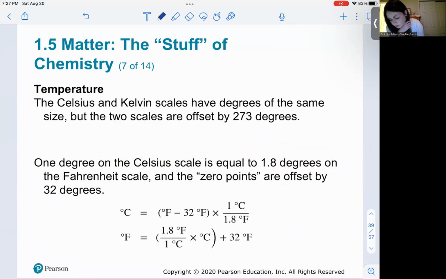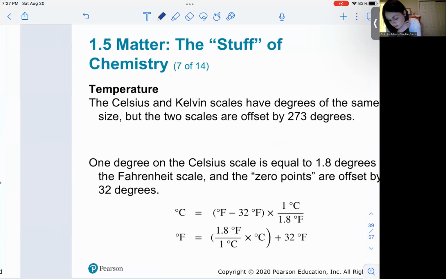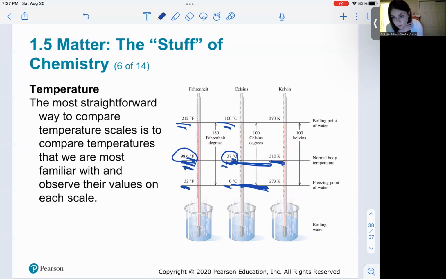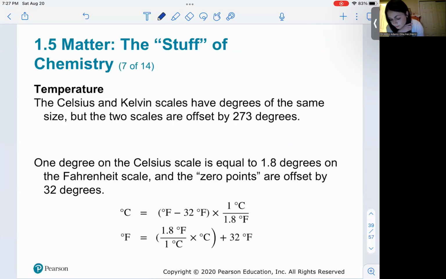But if you are looking from Celsius to Fahrenheit, it's not so easy, right? You see that here the difference is 32. Here the difference gets a little bigger. Here the difference is even larger. So that's going to be a more complicated formula.